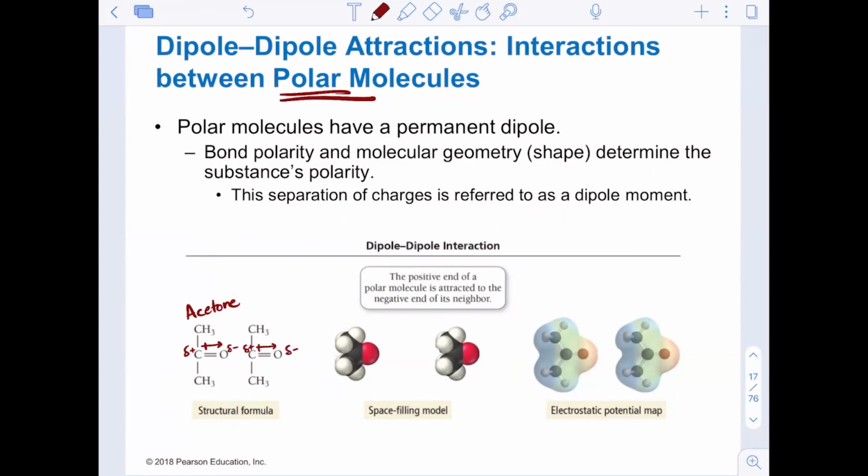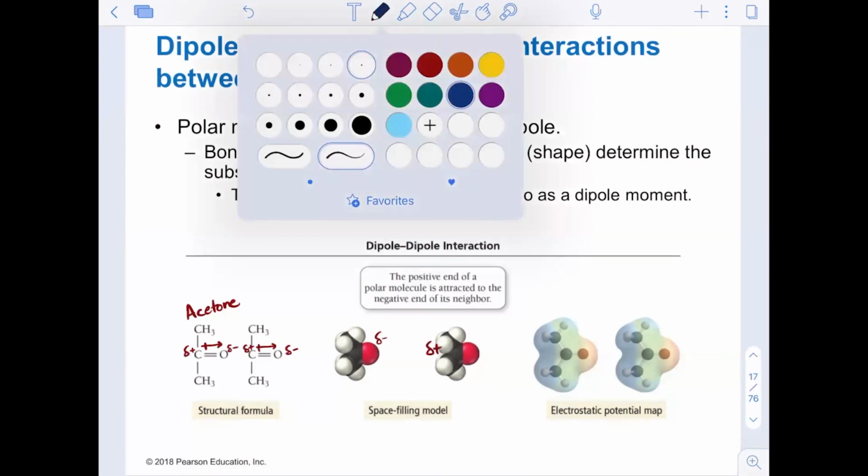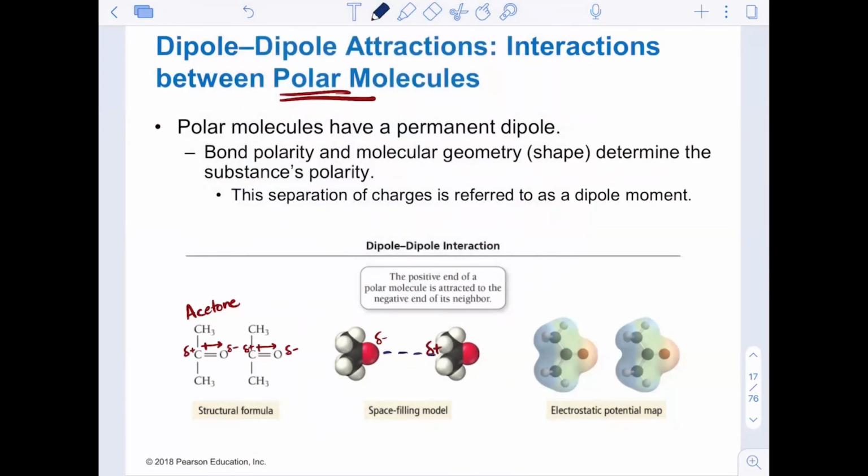So what does that mean? The delta minus of one will align with the delta plus of the other and create an intermolecular force. There it is with its neighbor. The delta minus of one getting attracted and lined up to the delta plus of the other is the intermolecular force of attraction.